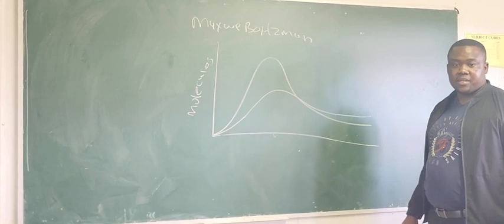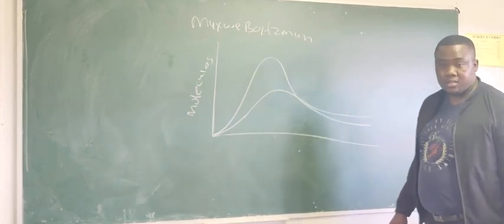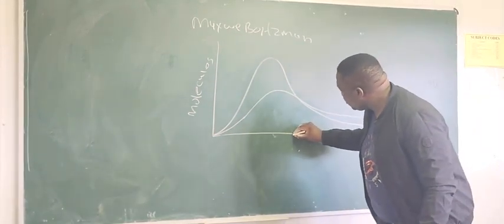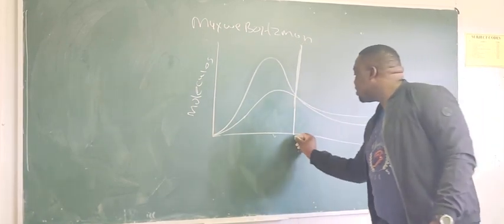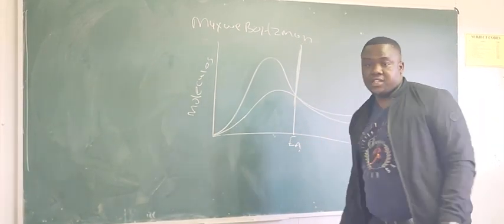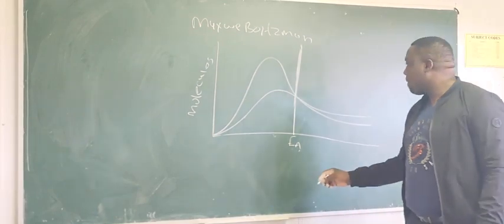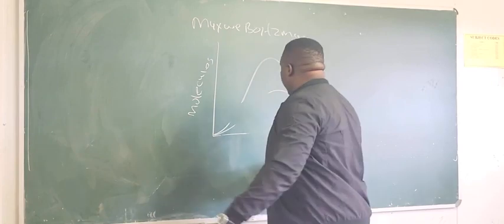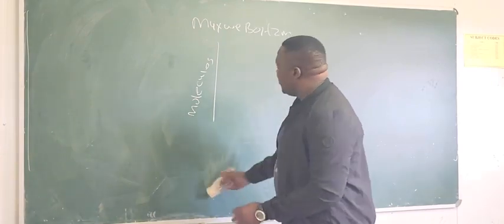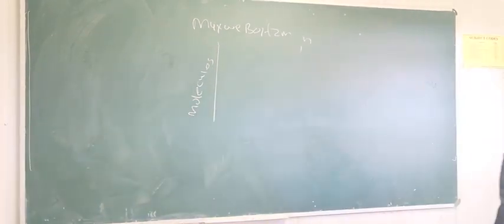Surely you've seen a graph, something that looks like this, right? Yes. Then we have another line here. You see, this line is called activation energy. It does not look nice. Let me just draw a nice graph. It's very important to draw nice things, right?